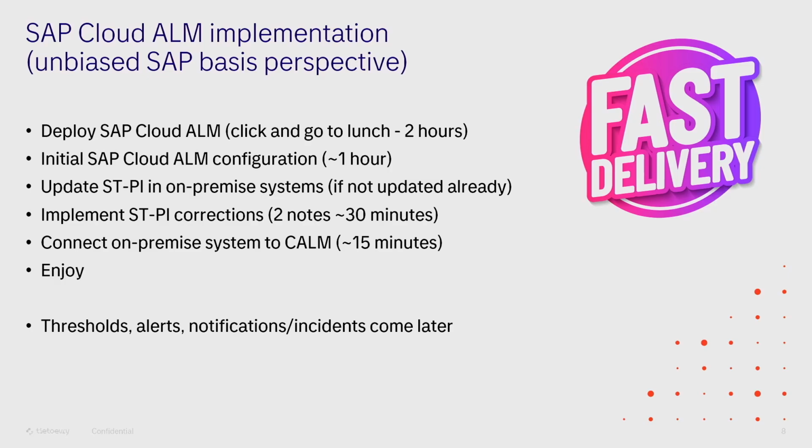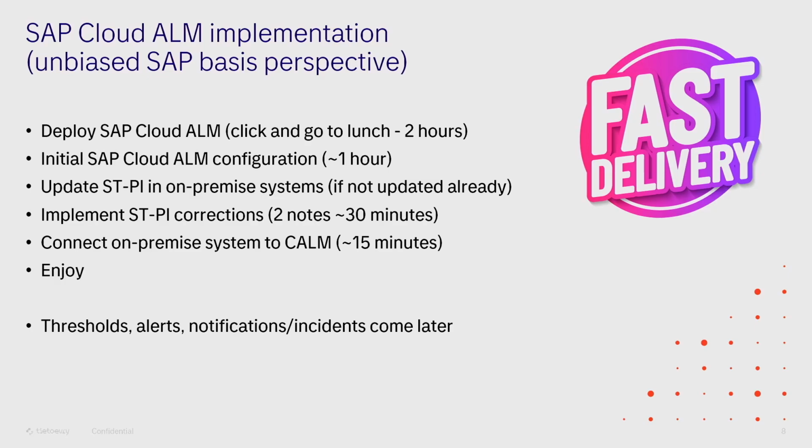Then you basically need to go through some initial configuration. That's a task for approximately 1 hour. You need to deal with identity providers and stuff like that. You need to create users and assign some roles to them. So it's 1 hour of work. We are using this to monitor on-prem systems, so we have to check that STPI is on some reasonable version. It usually is, so it's not a problem.